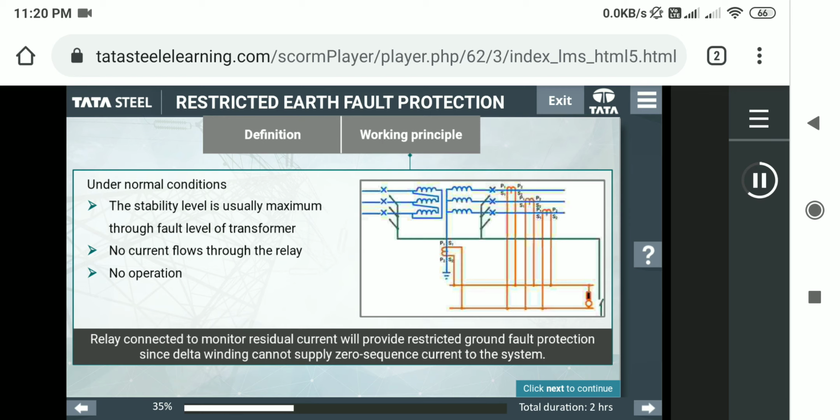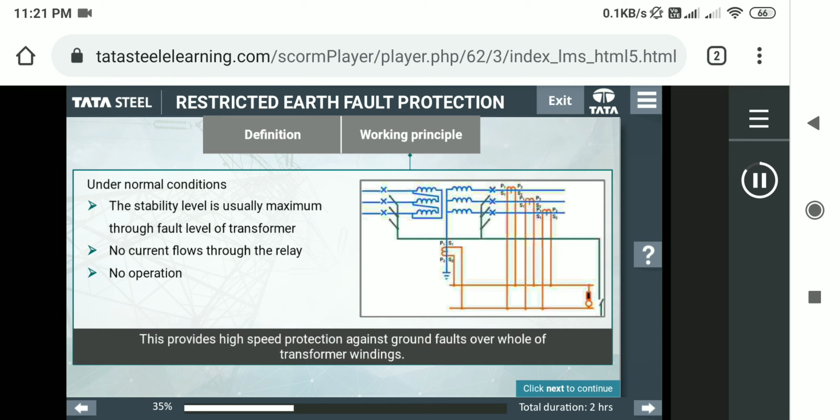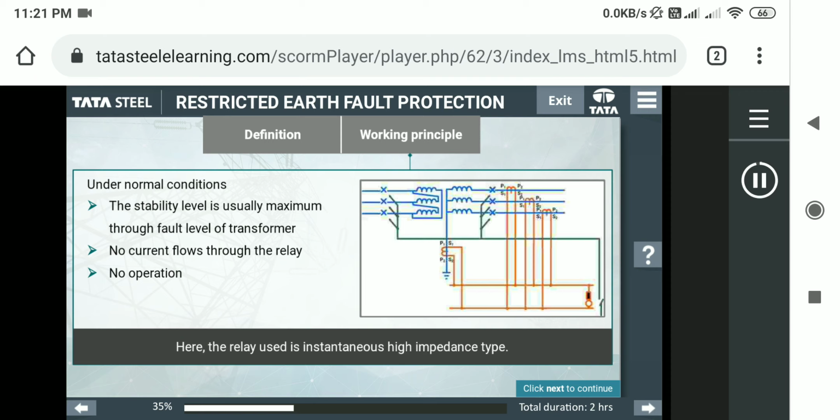Relay connected to monitor residual current will provide restricted ground fault protection since delta winding cannot supply zero sequence current to the system. Both windings can thus be protected separately with restricted ground fault protection. This provides high-speed protection against ground faults over whole of transformer windings. Here, the relay used is instantaneous high impedance type.